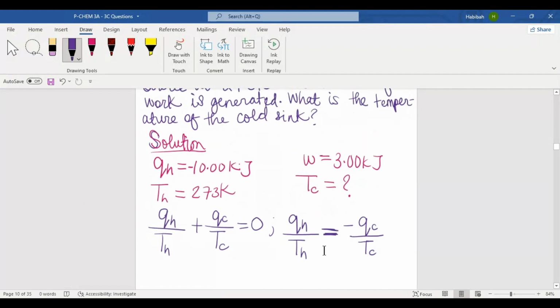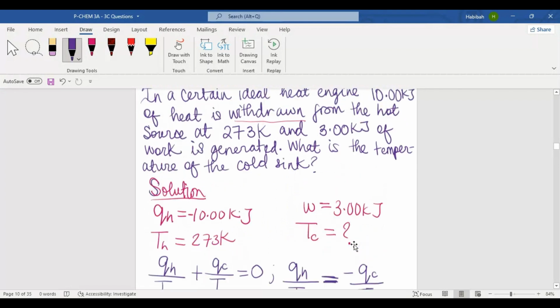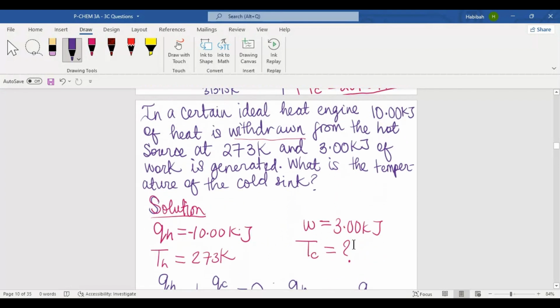We've been given the heat of the hot source and we know the temperature of the hot source. We don't know the heat of the cold sink, and we also don't know the temperature of the cold sink, which we're supposed to solve for. To understand what's going on, you have to understand how an ideal heat engine works.